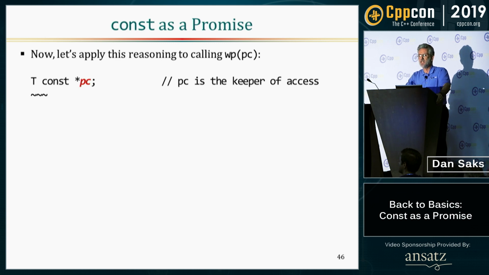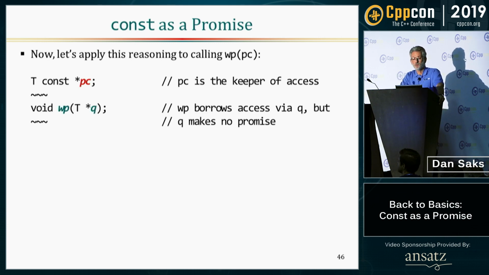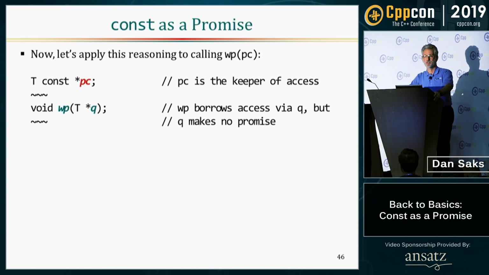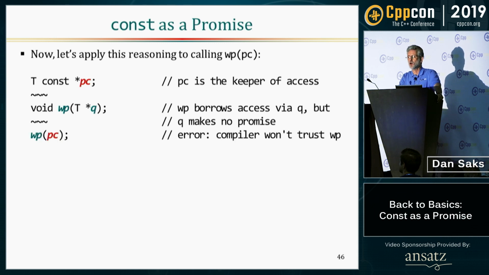And that, in a sense, PC is the current keeper of the access. And now WP wants to borrow access through its parameter Q. But notice that Q makes no promise. That's a declaration that says, don't trust me. And so the compiler says, okay, I won't. And it rejects that call as an invalid pointer conversion.